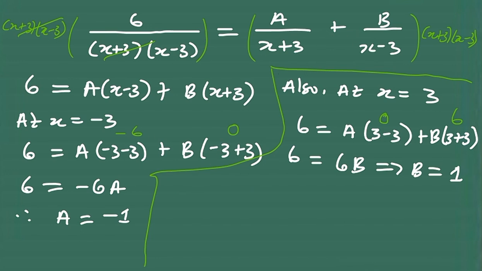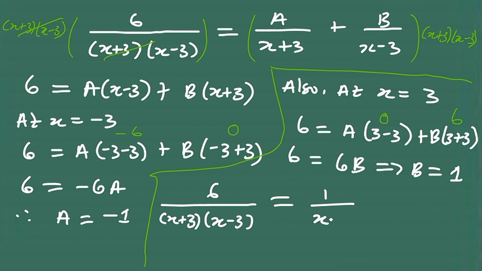So this fraction, 6 all divided by x plus 3 times x minus 3, can be decomposed into, since A is -1 and B is +1, and I prefer bringing the term B first, 1 all over x minus 3, which is the denominator for B, and -1 all over x plus 3, which is the denominator of A. So this fraction can be split up into these fractions.